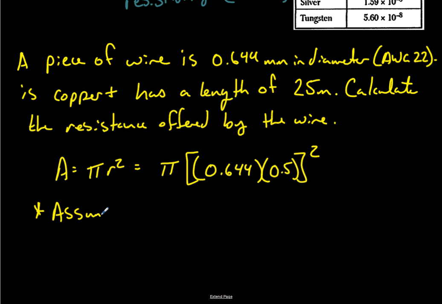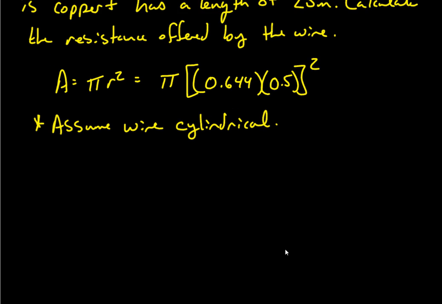So you've got to assume there that the wire is circular or cylindrical. Generally it is. I don't think I've ever seen a square wire. Has anyone ever seen a square wire? Maybe it exists, but I've never seen it.